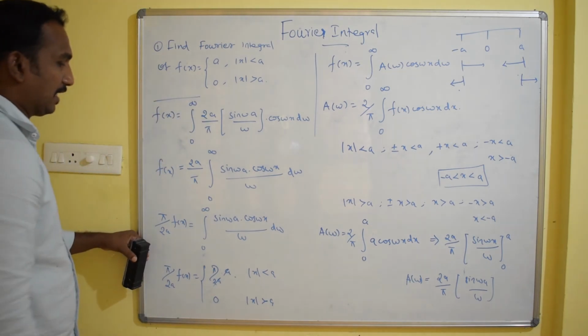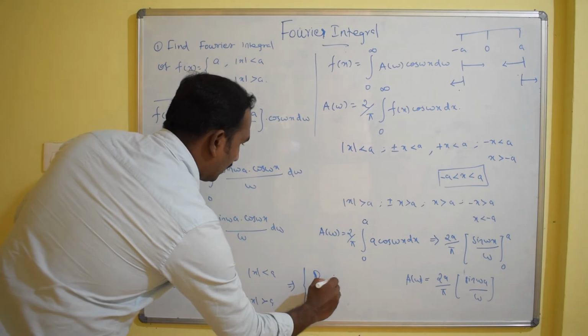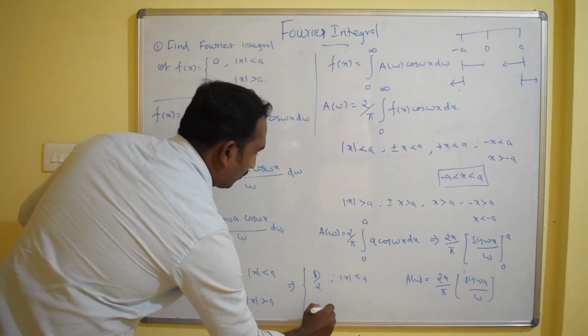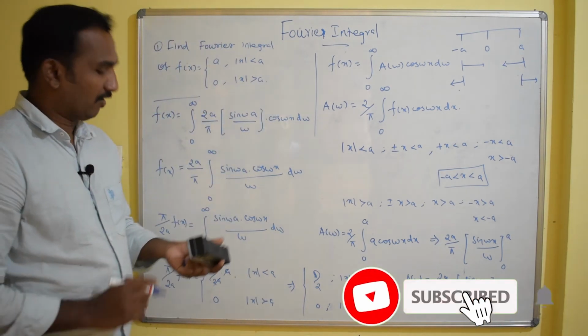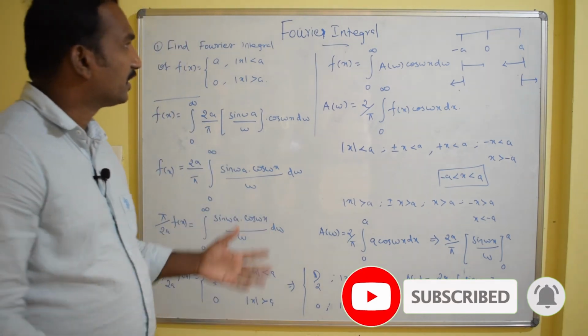So a will get cancelled. You will get pi by 2 when modulus of x is less than a, and 0 when modulus of x is greater than a. This is the solution of the given problem by using the Fourier cosine integral.